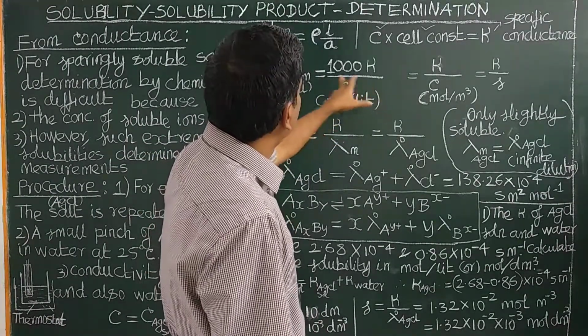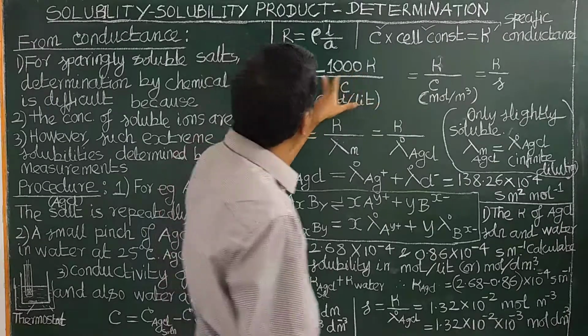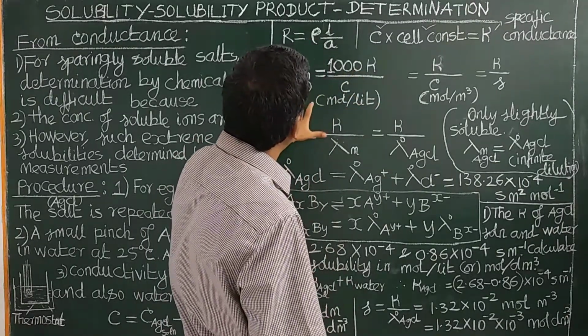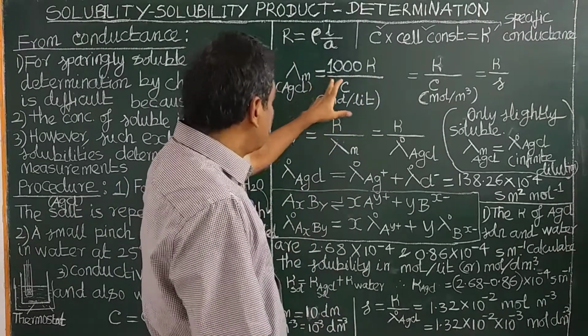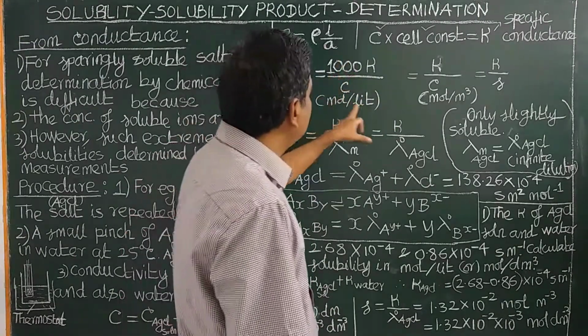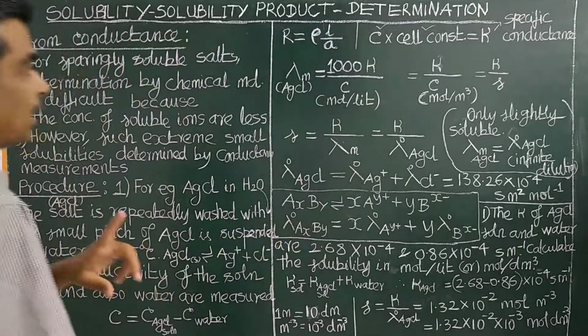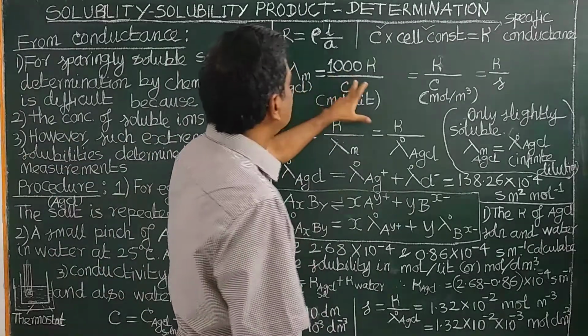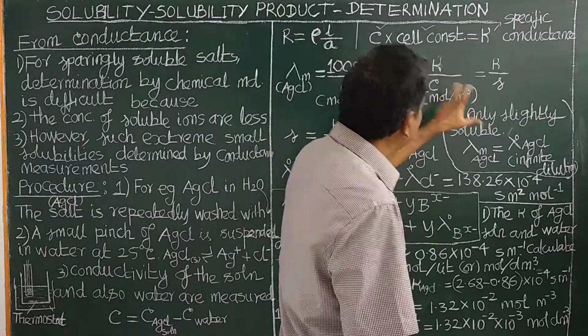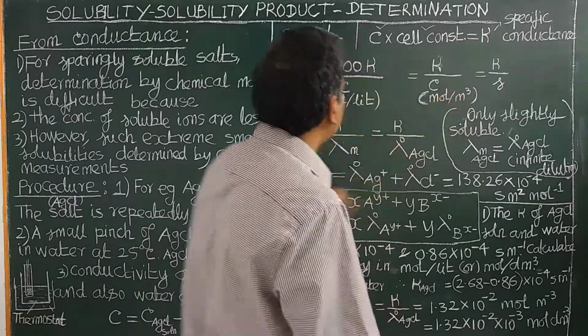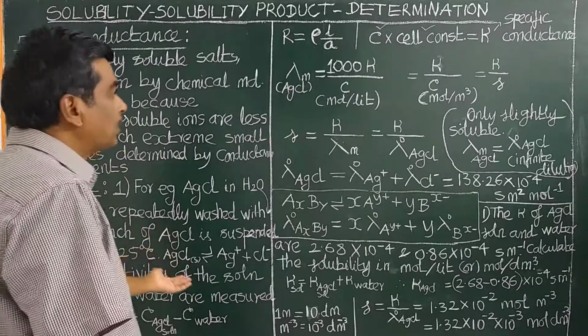There are two formulas. The first is 1000 lambda m, the molar conductance of silver chloride solution, equals 1000 kappa by C. This formula is used when C is expressed in moles per liter.